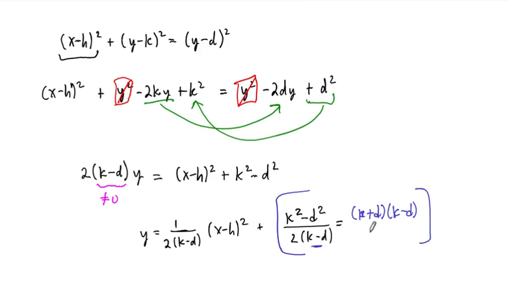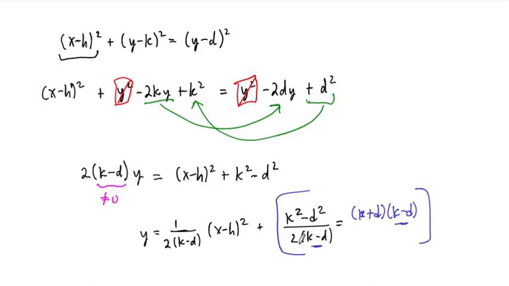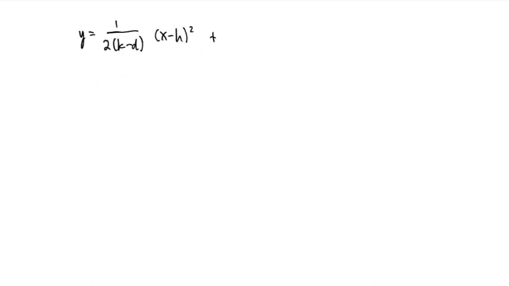So obviously we're going to be able to do some cancellation here. We end up with y equal to 1 over 2(k minus d) times (x minus h) squared plus, after we cancel, just (k plus d) over 2 as our constant.